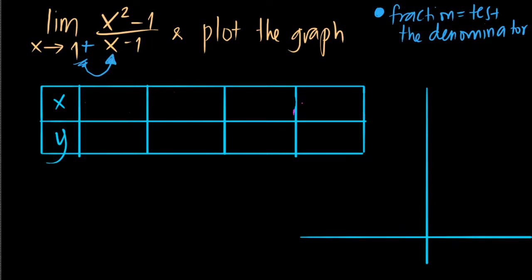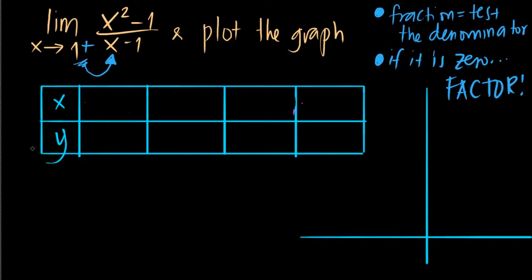So 1 minus 1 makes it 0, and that is not good. So if it is 0, may factoring na matabo. Factor. Okay. So before we start then putting in our values, mang factor kita.